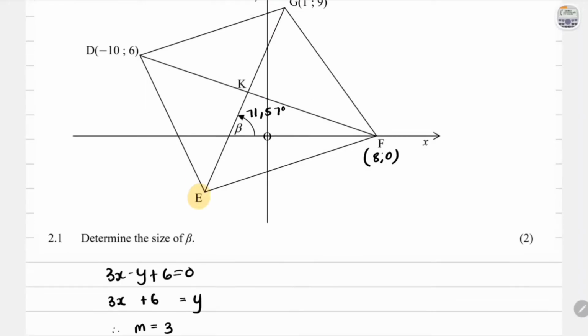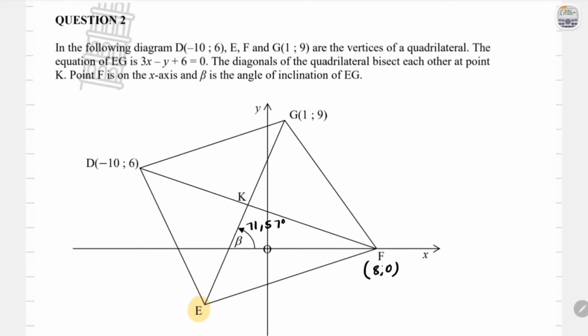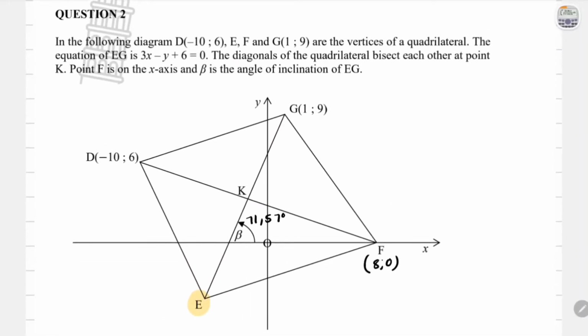How do we find E? Well, this is where that thing they told us about your diagonals comes into play. They said the diagonals of the quadrilateral bisect each other at the point K. The word bisect: to intersect just means to cut through something, but when you bisect something, you cut that thing into two perfect halves.